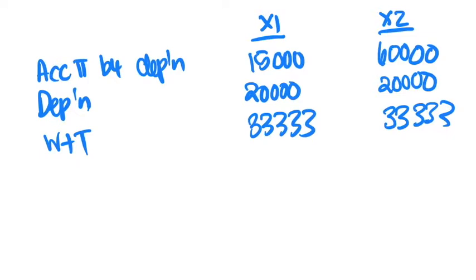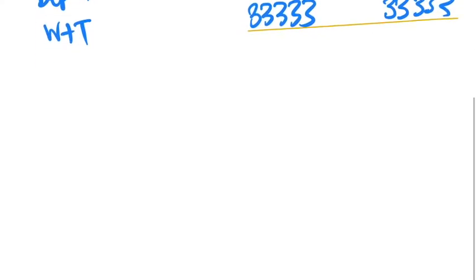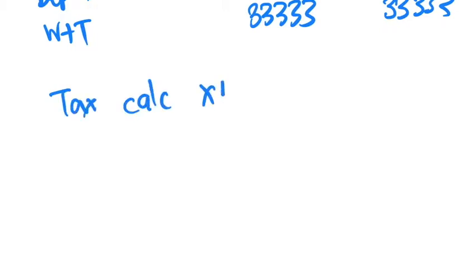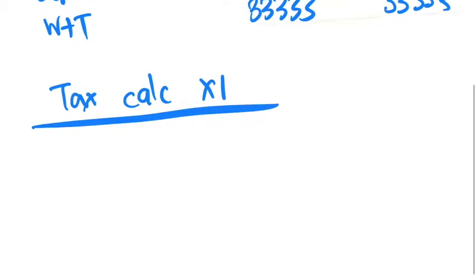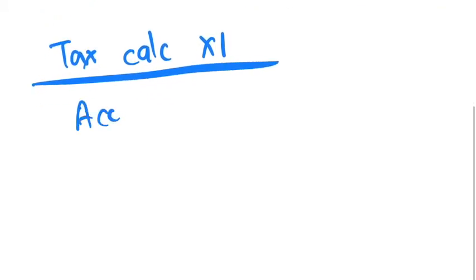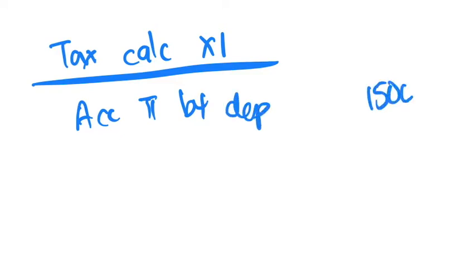Now, let's think about what the current tax calculations for this business would look like in years 1 and year 2. Okay, so let's start with our tax calc. So we're going to look at our current tax calc for X1. Okay, so we're starting off with our accounting profit before our depreciation, and that is 15,000.